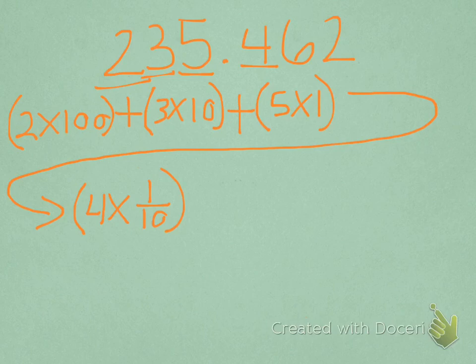And then I'll be adding that to the 6, which is in the hundredths place. And so I'm going to write 6 times 1/100th. And then finally, the 2, which is in the thousandths place.